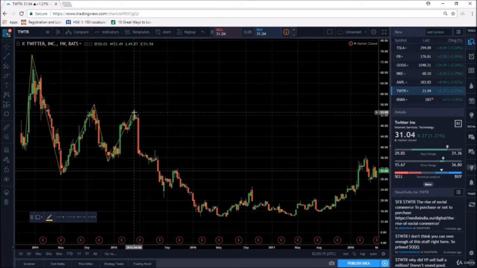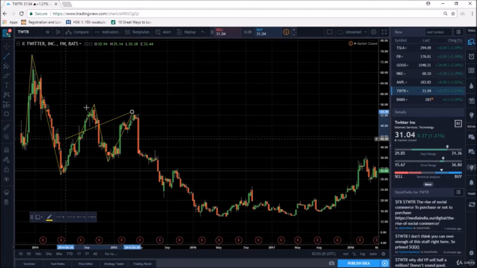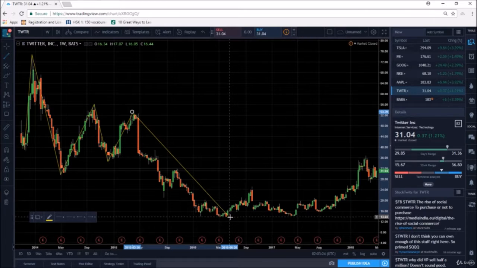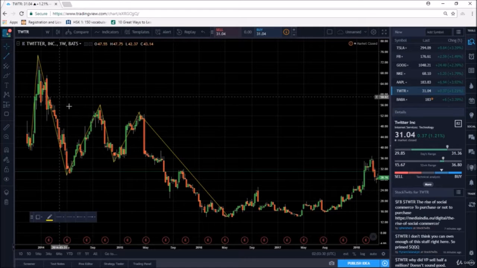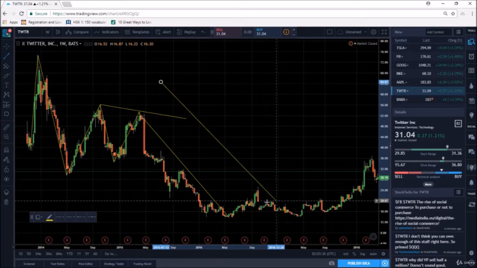So this is not a major retracement, it is small compared to this retracement. So what you want to do is just pick the next peak downwards. You can see that in this area it is a sideways movement.